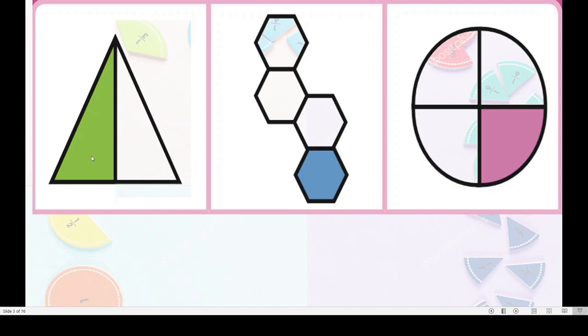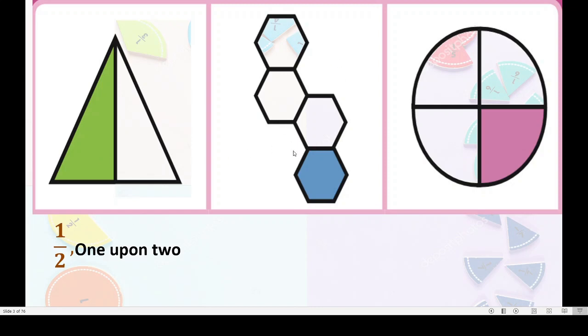Triangle is divided into 2 parts and one part is shaded. Right? So we will write this in the fractional form, that is 1/2. How to read? 1/2, isn't it? Because total parts are 2 and one part is shaded.